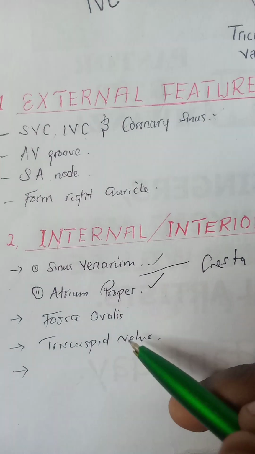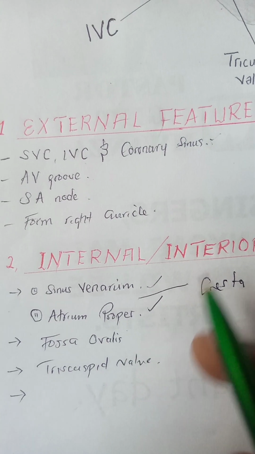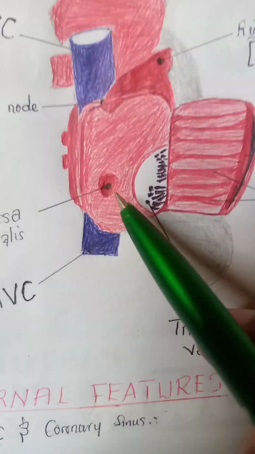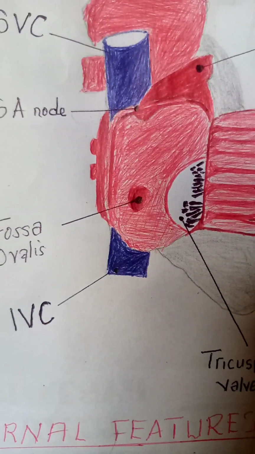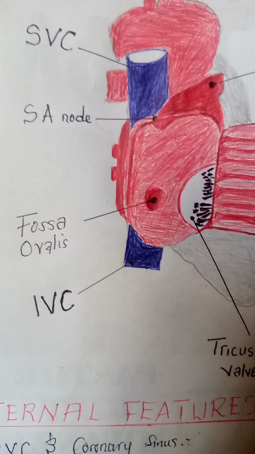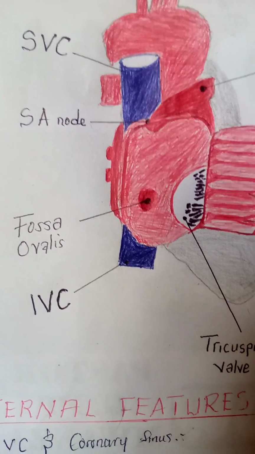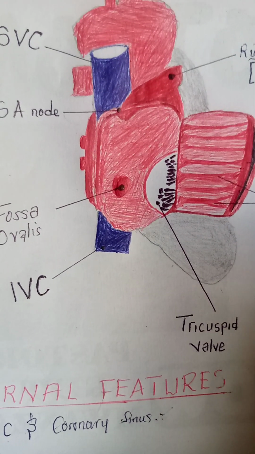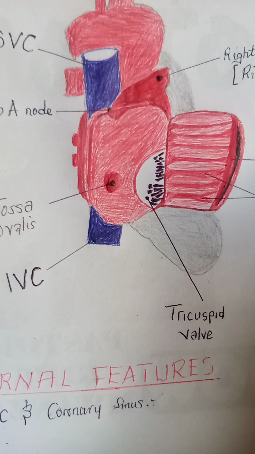Okay, so let's go to the next point. The next point which you can appreciate is the fossa ovalis. This is the fossa ovalis here. The fossa ovalis is on the interatrial septum, the septum which separates the two atria, the right and the left.